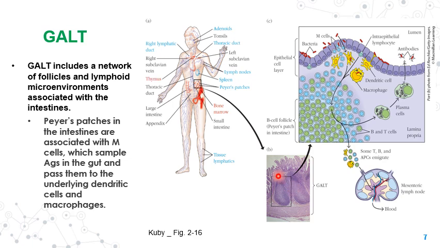What happens at the very top, right at the surface close to those microvilli, is you're going to have some very specialized cells that do not have microvilli. Those cells are very important at allowing samples of whatever is inside the lumen of your intestine to be shown to the other side.